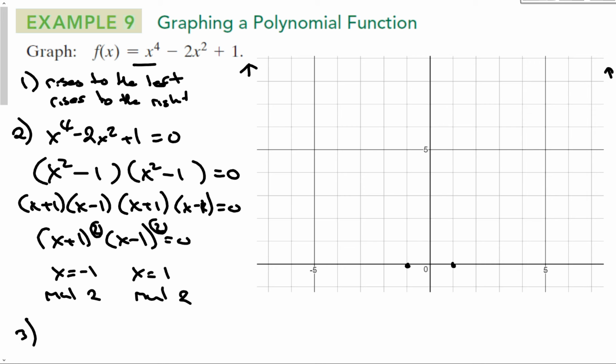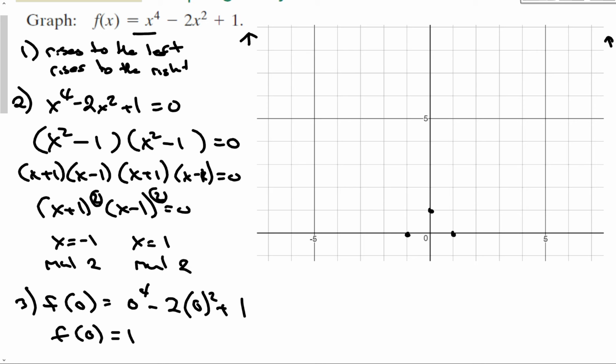Let's put that on my graph. Well, now I kind of have a basic idea about what this graph is going to look like, because I know that the graph has to touch the x-axis. Well, it has to go through this point, not a straight line, right? It's going to be smooth and continuous.